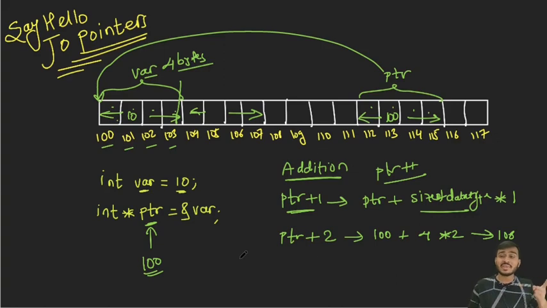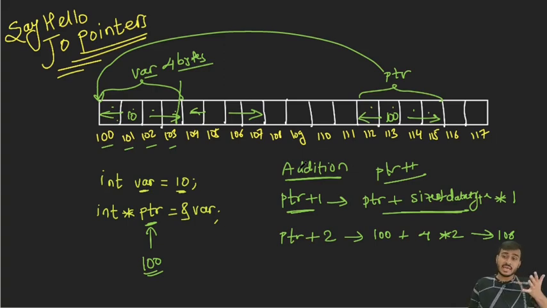Whenever I am saying that ptr plus plus will increment the value of ptr by 1, it doesn't mean that if ptr is 100, then it will become 101. The same formula will be applied. When ptr is 100 and ptr is of type int star, then ptr plus plus will make it 104.